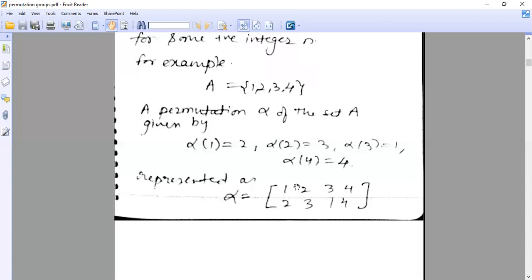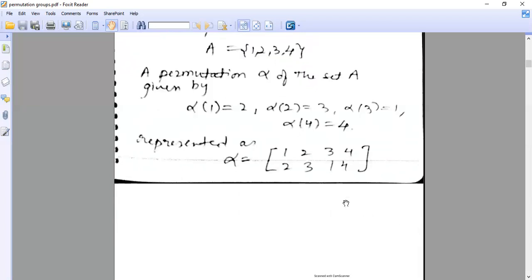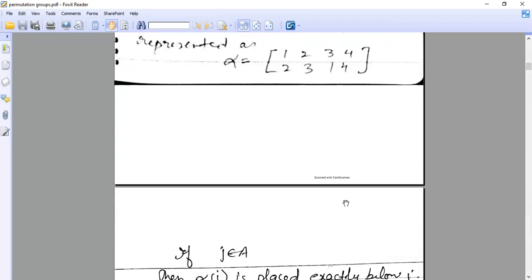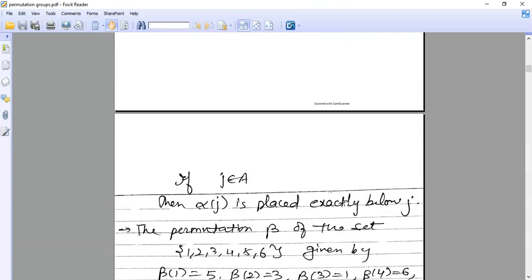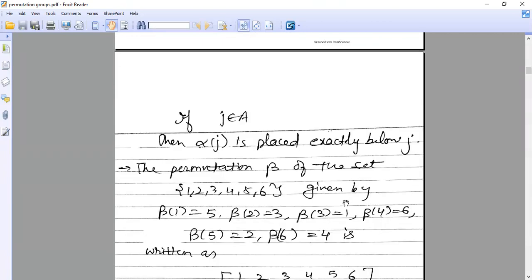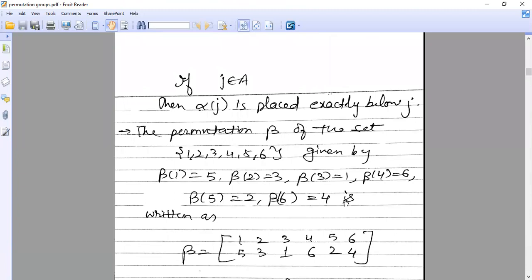Image of 2 is 3, so this is done here. And then image of 3 is 1, so 3 and 1. Image of 4 is 4, so 4, 4. So this is how you represent a permutation. This is called array form. And so if j is some element of A, then alpha j is placed exactly below j. So that's what we did just there.